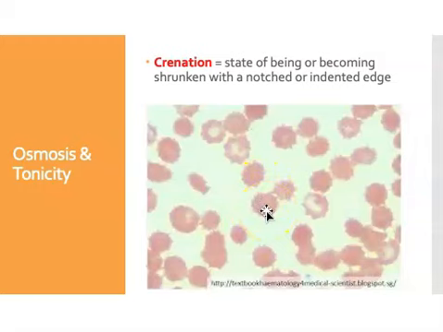And crenation is not good. When crenation occurs, there will be a point where the cell membrane can no longer function normally. And that red blood cell, which is critical to delivering oxygen, is not going to be able to do its job.